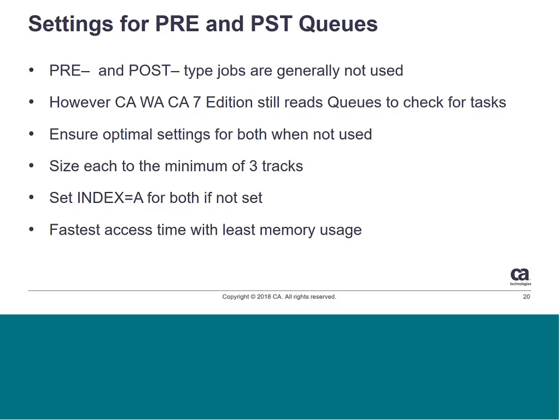There will be no updates going on to that queue because it's not being used, so there'll be no actual I/O activity back to disk. And by setting it to the minimum of 3 tracks, you're minimizing the amount of memory that's used by putting these 2 queues into memory. So certainly look at your pre and post queues and make sure they are minimum size and set to index A to keep them in memory.